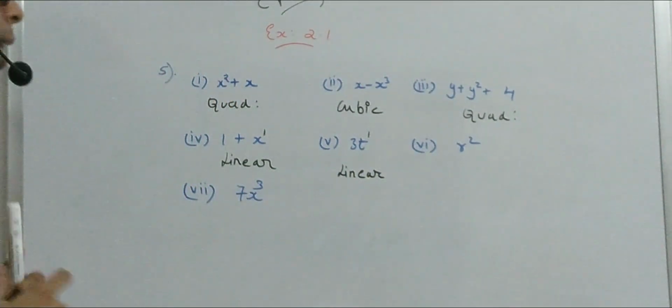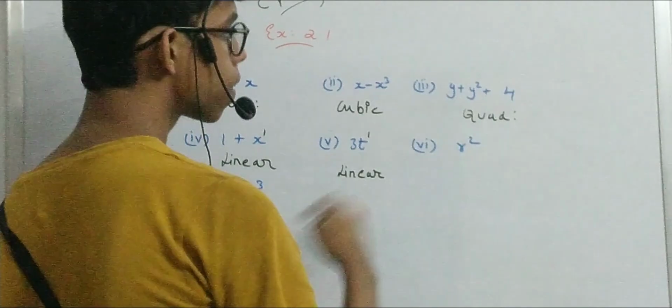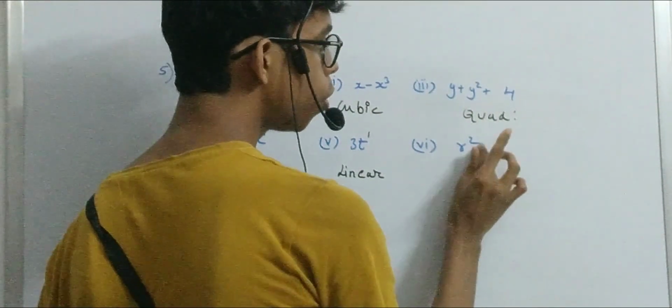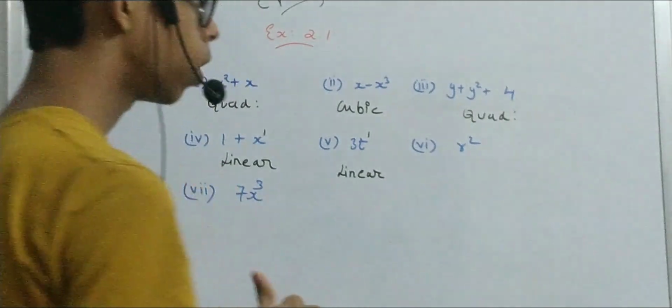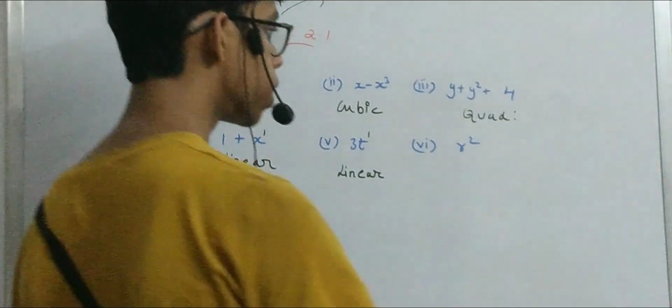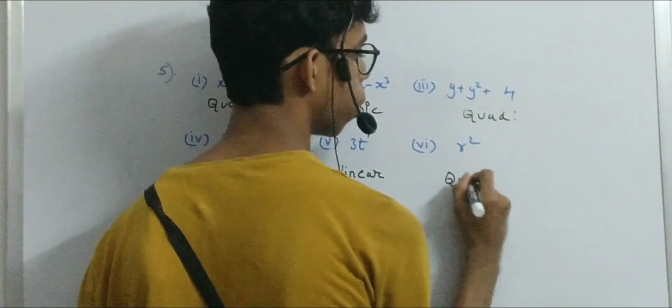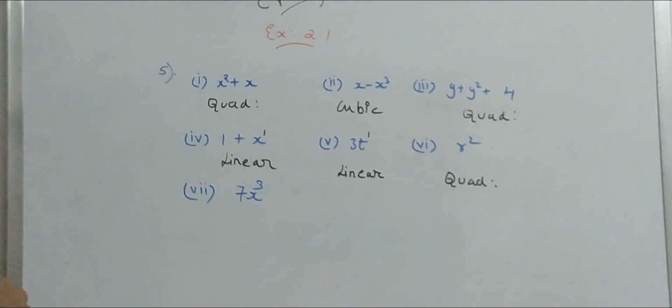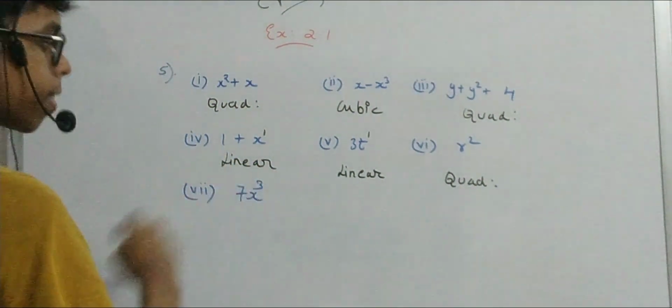Okay, then our next one is r square. Here also, the power of the variable is what? 2. So we know a polynomial with degree 2 is a quadratic polynomial. Then our last one, the seventh one, is 7x cube.